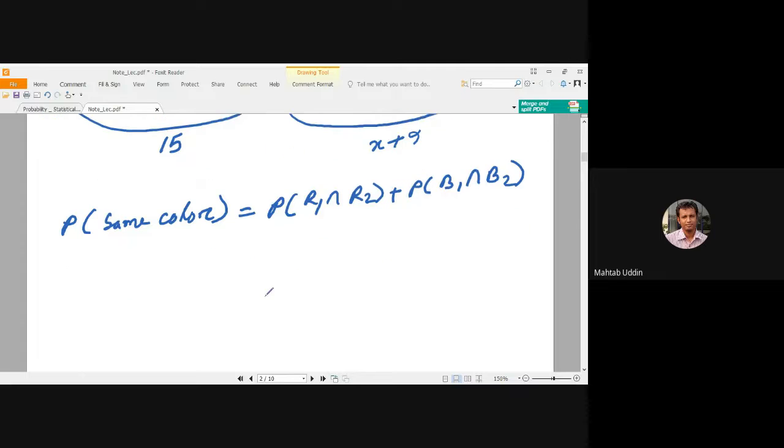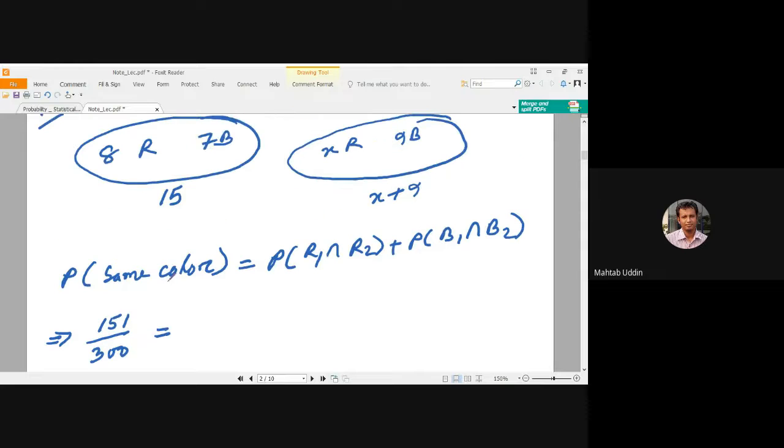They have given the probability of same color as 151 by 300. And the probability of red color in the first urn is 8 by 15. Do you understand? Into red in the second urn. How can I find this?